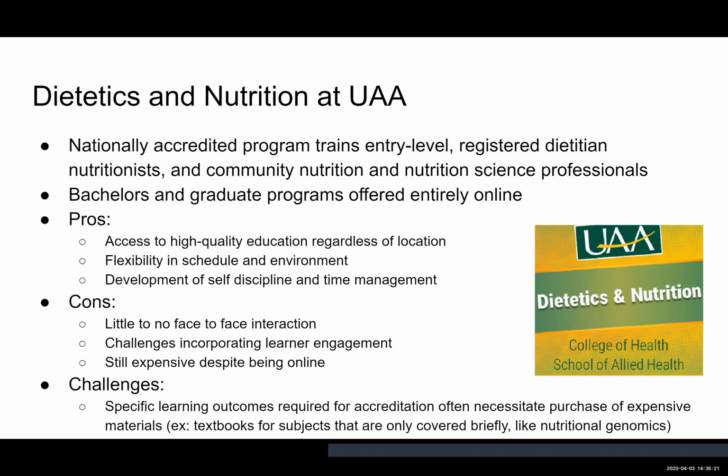But also there's additional expenses because there are very specific student learning outcomes, oftentimes necessitated from the accreditation organization. And those topics, while maybe not the focus of the class, might require purchase of additional expensive materials. The example that I'm going to use is for our advanced nutrition class, where we talk about a subject of nutritional genomics.